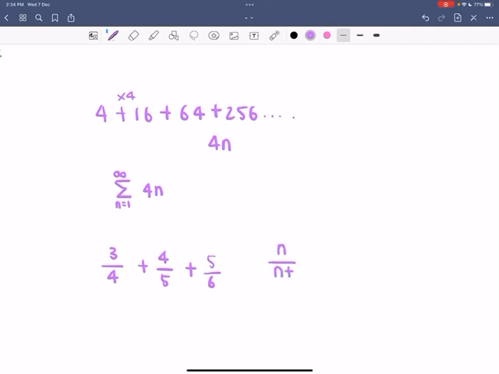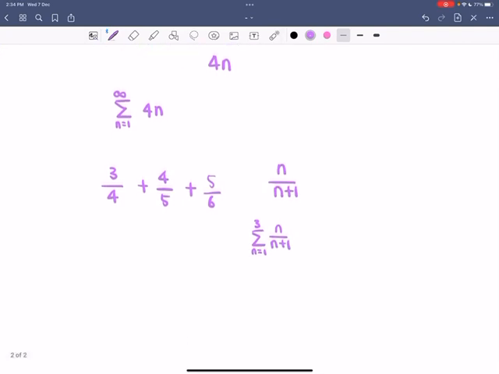It goes like this. Because see, these two terms are the same, these two terms are the same. That's why the formula is n plus 1, because the bottom one is always one more than the top. And since this would definitely be a finite series because you only have 3 terms. Yeah, so the key thing is really to notice that the bottom is always one more than the top.